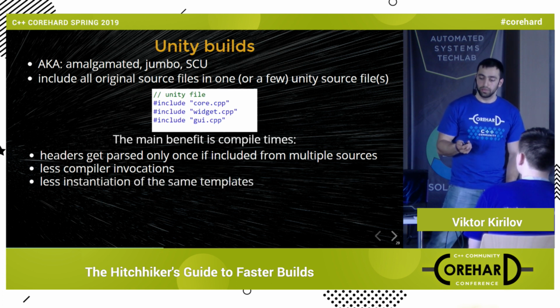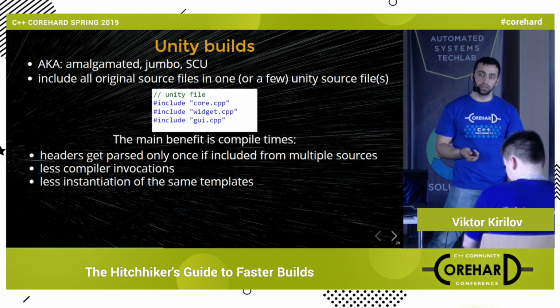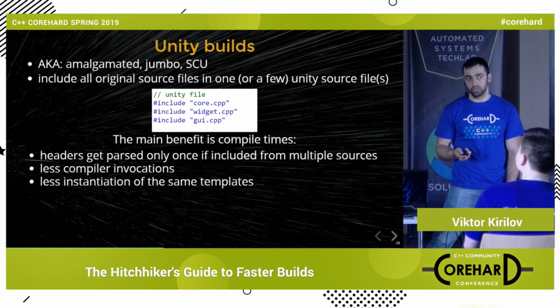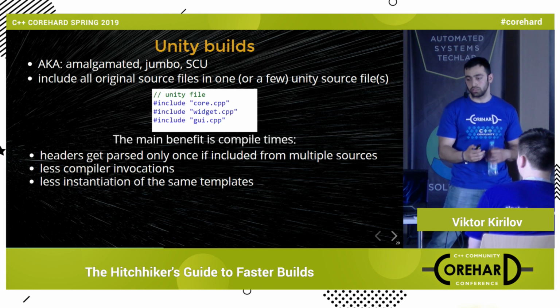Also, if we instantiate the same template over and over again, for example, vector of int in different translation units, we end up paying the same cost, and then the linker has to remove the same duplicate weak symbols of the template class. But when using Unity builds, we instantiate the template for a specific type only once throughout the entire Unity source file, because now that is the new translation unit, and it encompasses all of the rest of the ones.